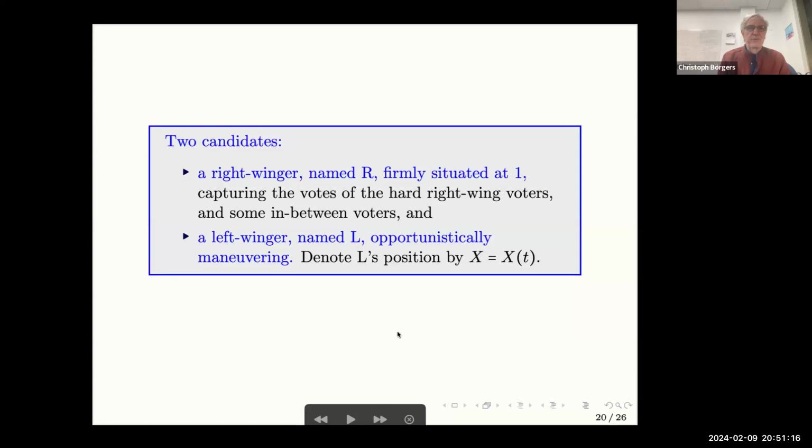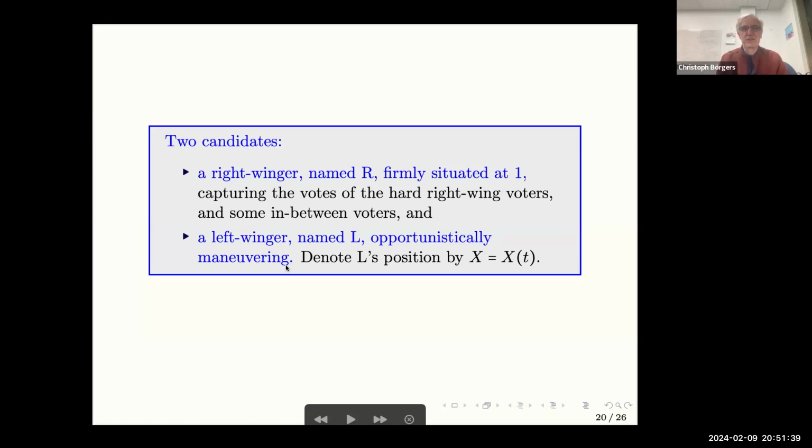And now you have two candidates. One is a right-winger who is firmly situated at 1. And the right-winger captures the votes of the hard right-wing voters and some in-between voters. And you have a left-winger who is opportunistically maneuvering. So for the purposes of this discussion, I assume that the right-winger is not maneuvering, but the left-winger is.